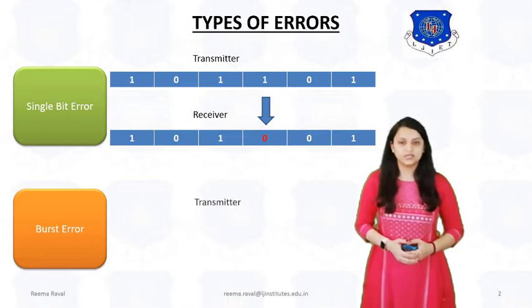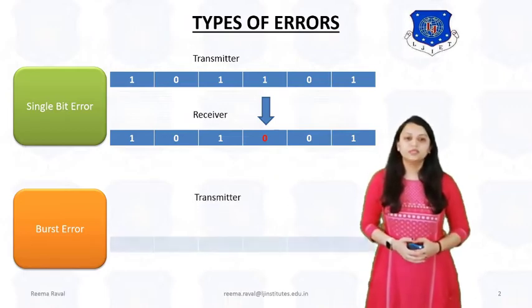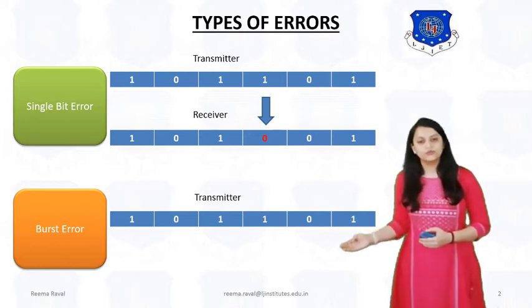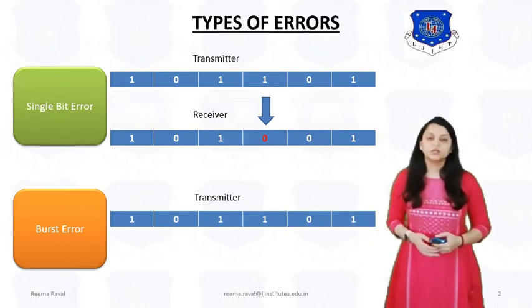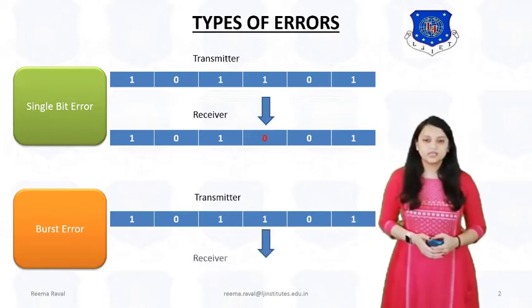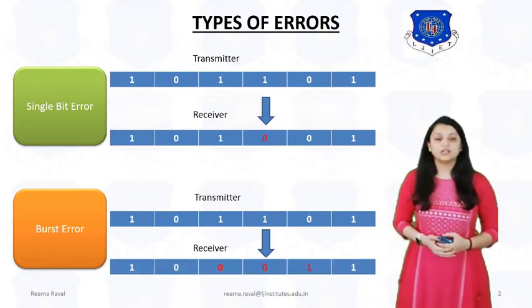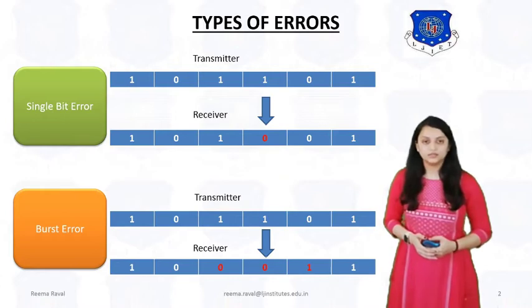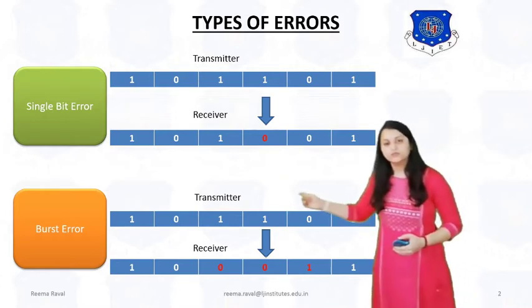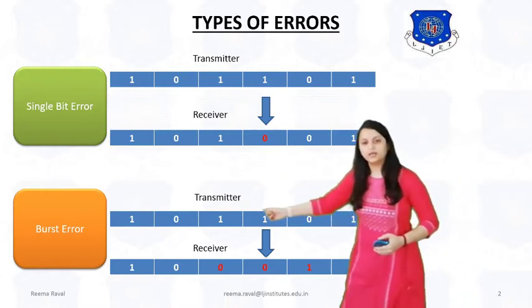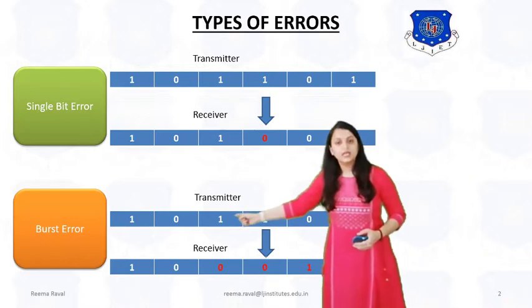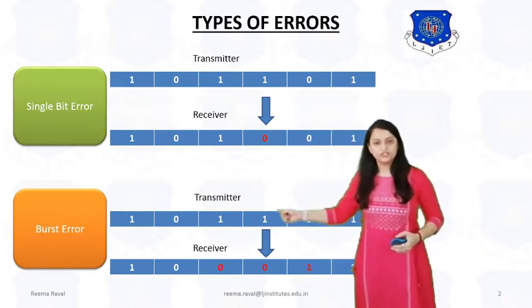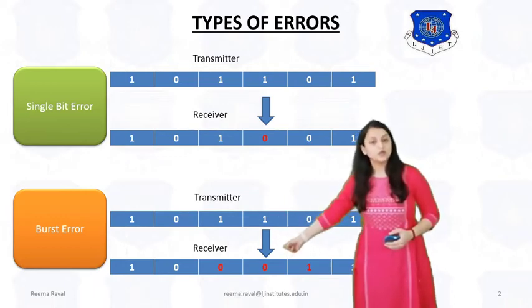Next is burst error. Let us say the transmitter sends the data 101101. If at the receiver side more than one bit is changed, we can call it burst error. Here, as you can see, 10 are received correctly, but the third bit, which is 1, is changed to 0. Then the fourth bit, which is 1, is changed to 0, that is also an error.